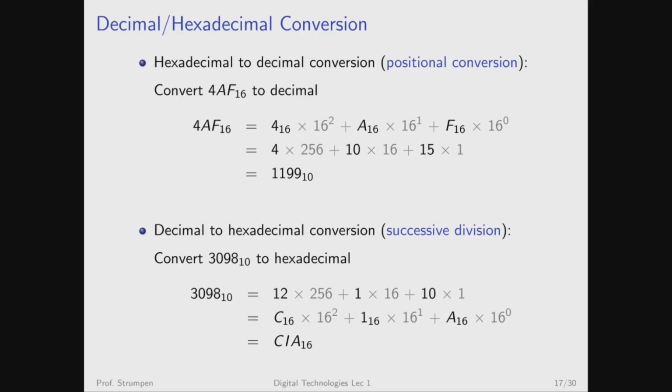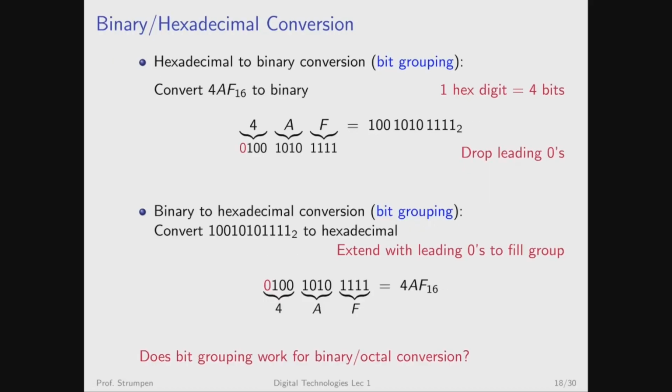There are shortcuts to doing conversions, in particular between hex and binary, that are called bit grouping. And let me convince you why this is so convenient that you never want to forget it whenever you want to convert between hex and binary, right?